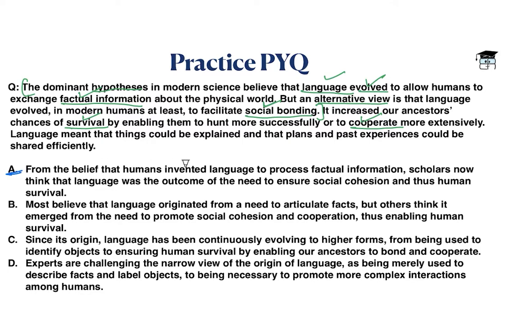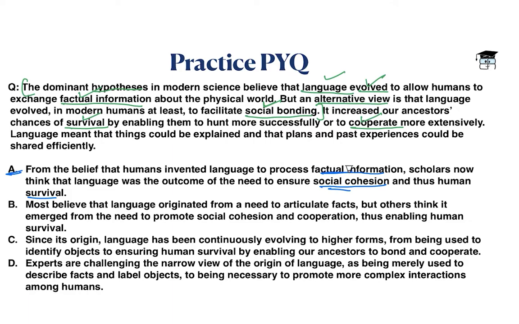From the belief that humans invented language to process factual information, scholars now think that language was the outcome of need to ensure social cohesion and thus human survival. Social cohesion is a synonym of social bonding. That is why I told you to understand vocabulary, right? Now a synonym has been introduced of social bonding, which is social cohesion. So, one keyword, second keyword, third keyword, but cooperation is not present.